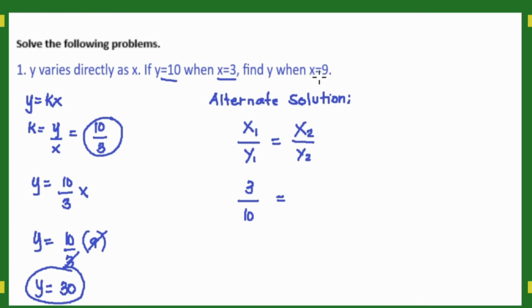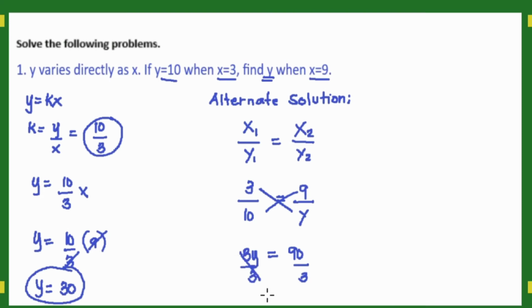X sub 2, yung pangalawang x, which is 9. Y sub 2, since nawawala siya or unknown, we will copy y. Then, we will cross-multiply, mauuna yung may variable. So, that's 3 times y. So, 3y is equal to 9 times 10 is 90. Then, divide lang natin siya by 3.